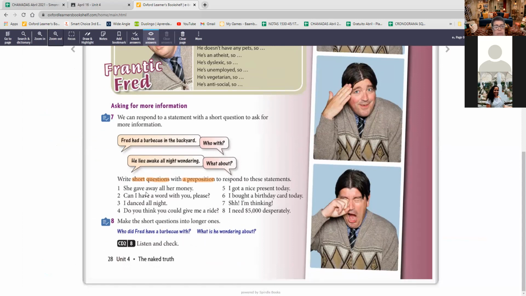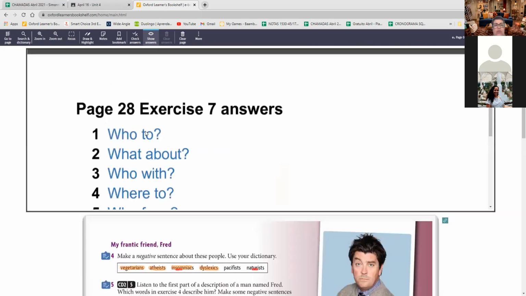For example, she gave away all her money. So the question would be who to? You see here, when you give away your money, according to the answer, who to? So she gave her money to someone, okay?